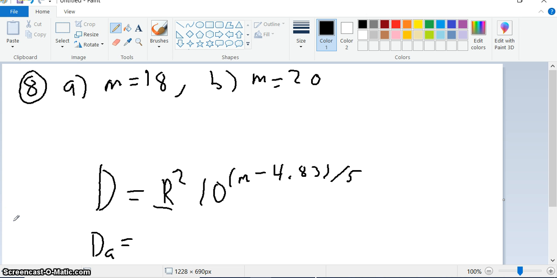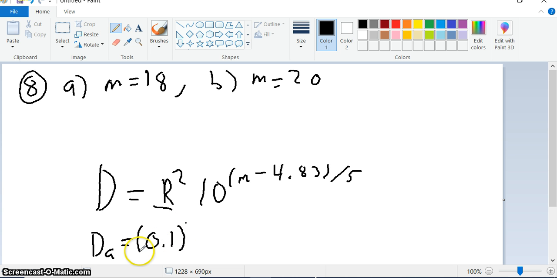All right, so for part A, when the telescope has a limiting magnitude of positive 18, what we do is we take the radius of the star, which turns out to be 0.1 times the radius of the sun.